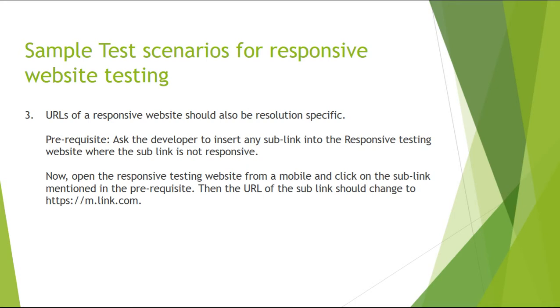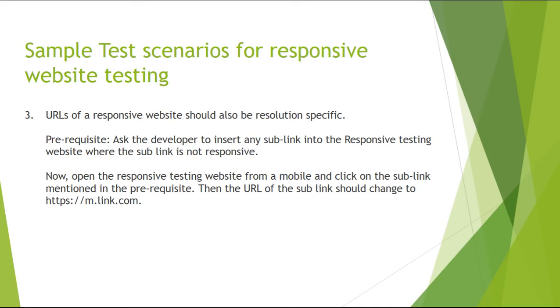So now we are going to open our website on the mobile application using a browser in the mobile. So we are going to open www.fpl.com. In that website we have a sublink.